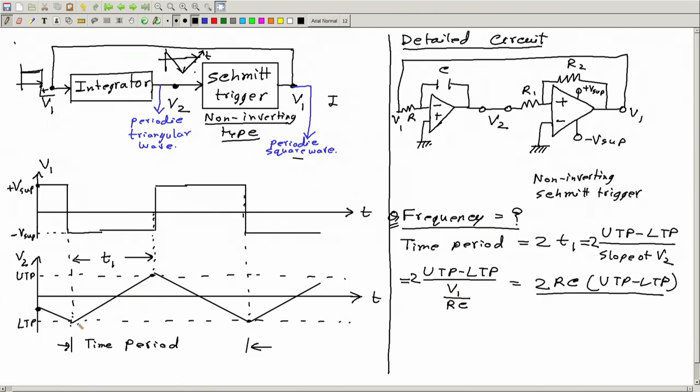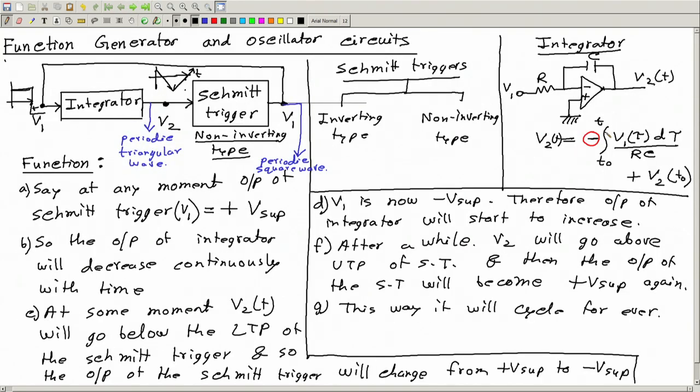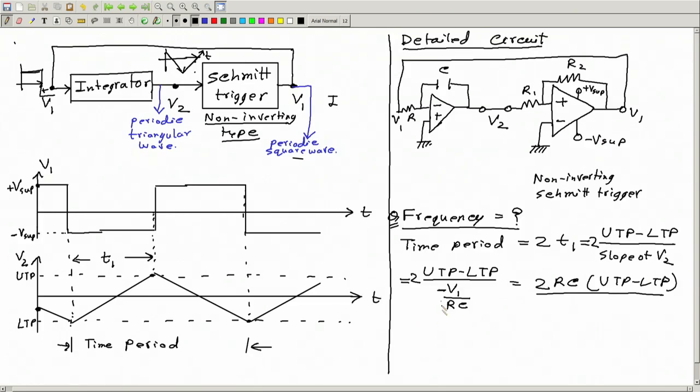See, at this moment the value of V1 is the same as minus V supply. So the slope will be, you can put a minus here because of this minus sign, and the value of V1 at this moment is the same as minus V supply.